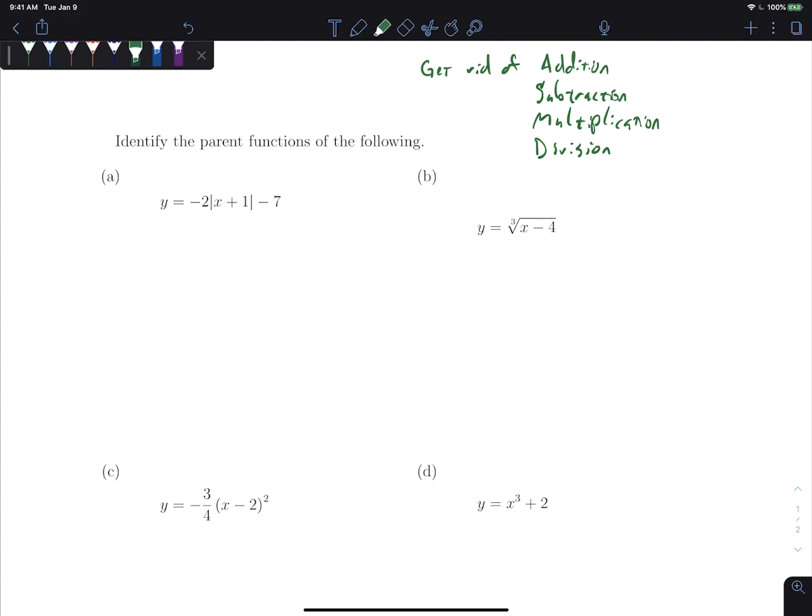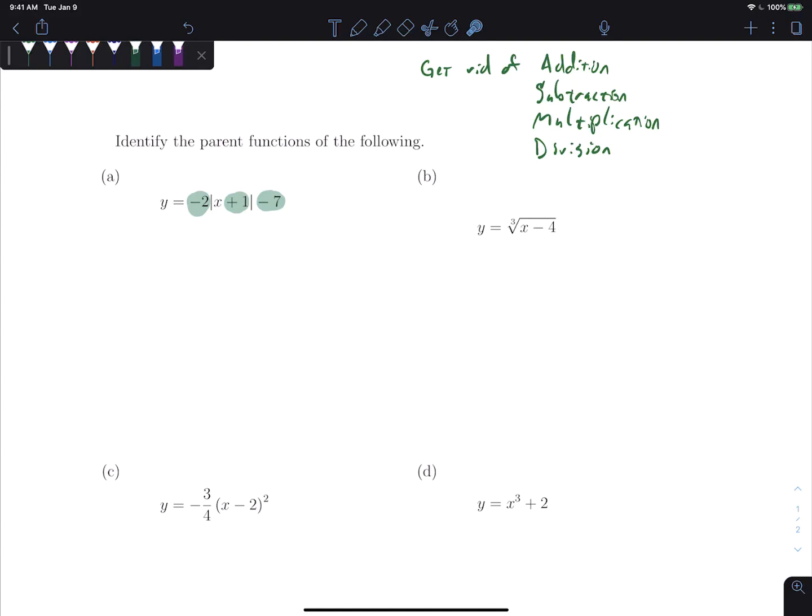On A, we have y equals -2 times the absolute value of x plus 1, minus 7. Notice that the -2 is multiplying by the absolute value, so it goes away. That plus 1 goes away, and the -7 goes away. But we have to be very careful, we are not getting rid of the absolute value.